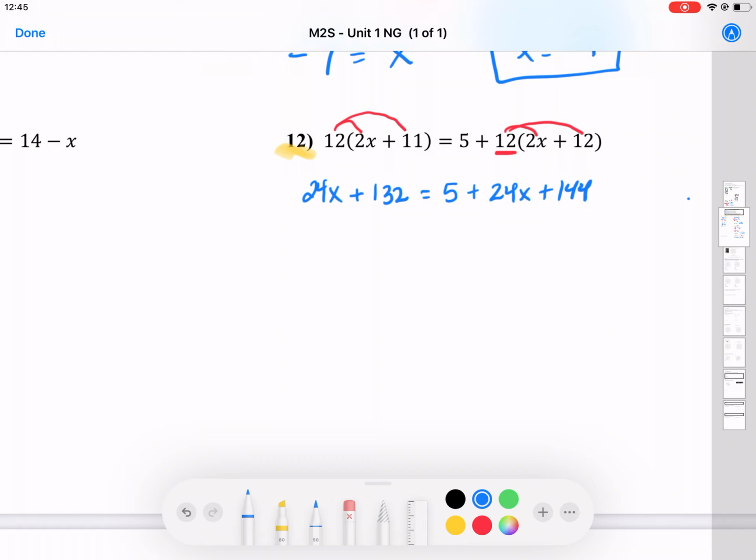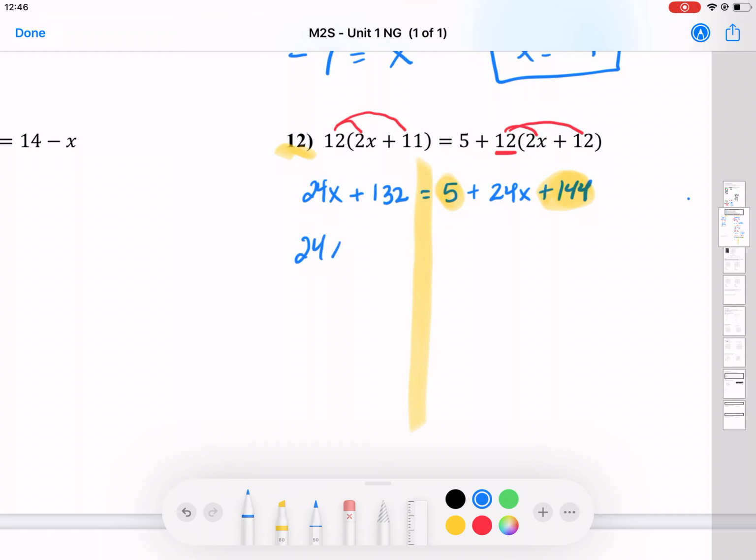Okay, we're going to combine like terms. Over here on the left side, there are no like terms because the first one has an x, the second one does not. But on the right side, we have the 5 and the 144 that both don't have x's.